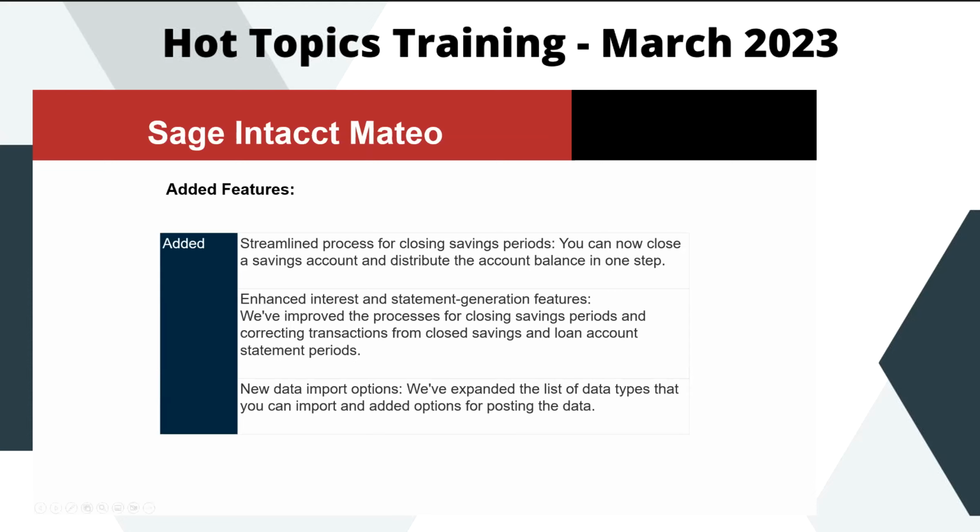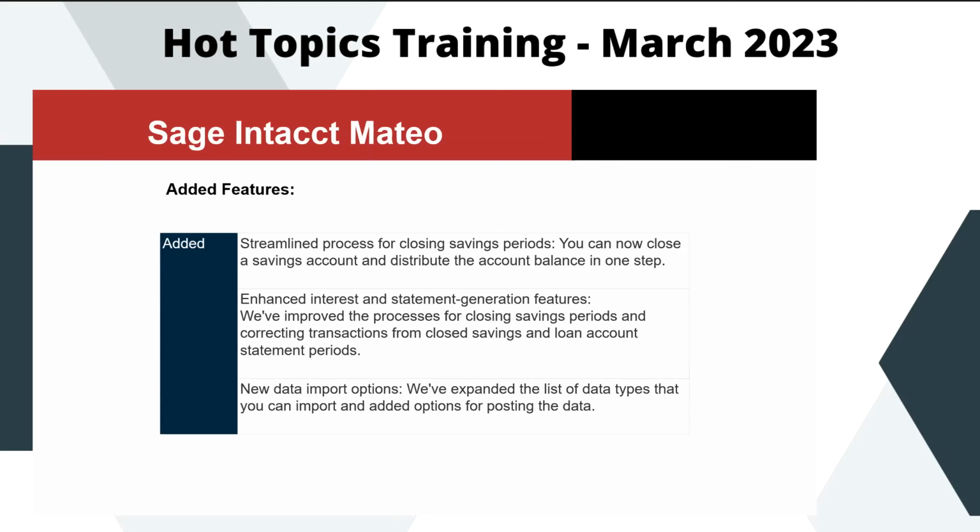Also within Sage Intacct is your new data import within Mateo. We have expanded the list of data types that you can import, and we also added options for posting that data. Some of the data that can now be imported includes your savings accounts, savings opening balances, savings transfers, customers, and any loan accounts that you may have.